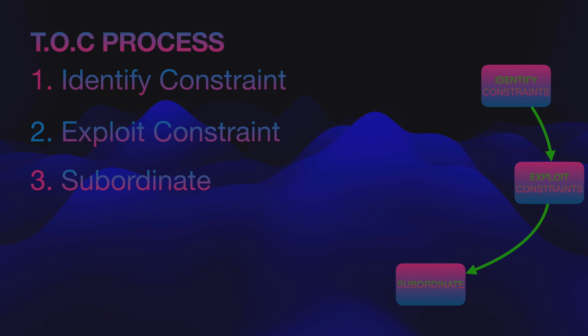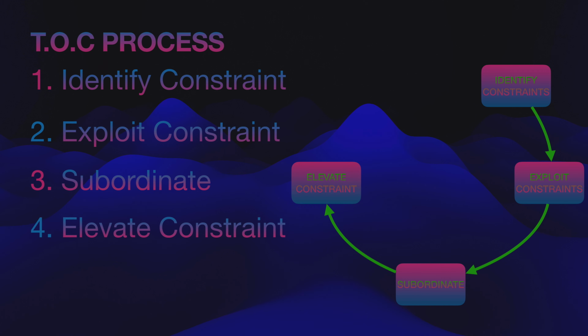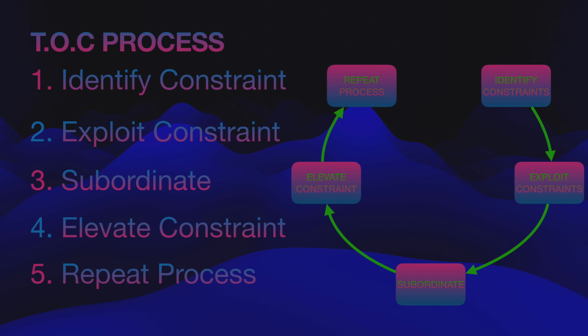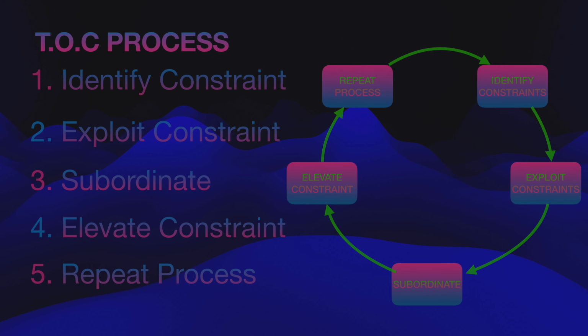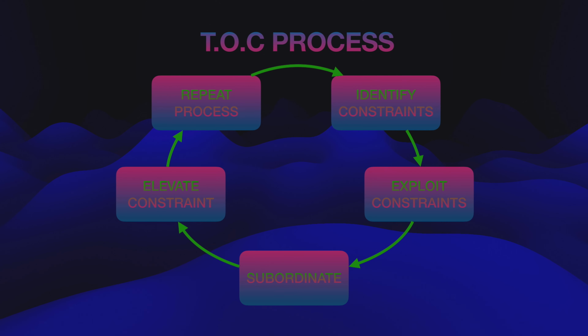in advance, for instance. Fourthly, if the oven remains a limiting factor, we elevate the constraint. This could entail acquiring a larger oven or perhaps adding a second one. Finally, once a constraint has been resolved, we return to step 1 and repeat the process. This could lead us to identify a new constraint. Maybe there's limited counter space for plating, for example.